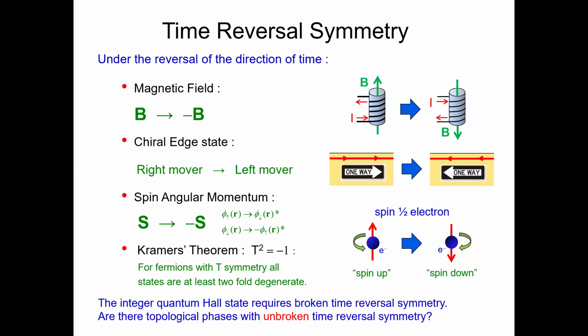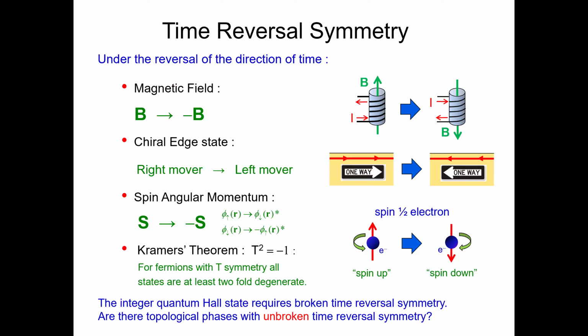This minus sign has a very important consequence, which is called Kramers' theorem: if you do time reversal twice, it gives you this minus sign. What this tells you is that if you have time reversal symmetry, then every state has a partner with exactly the same energy.